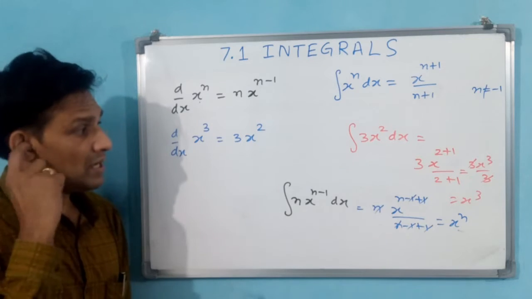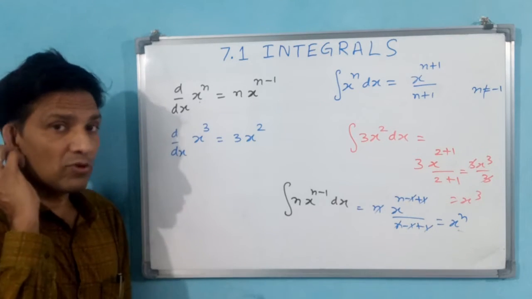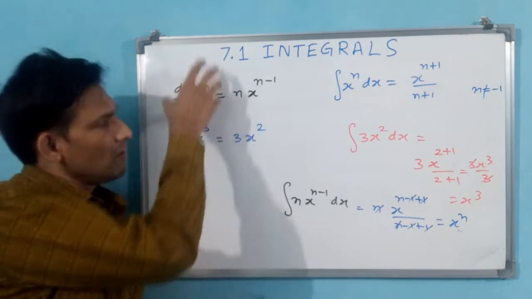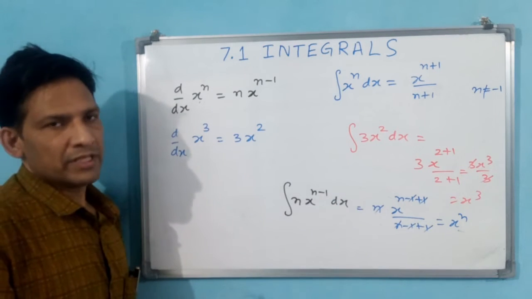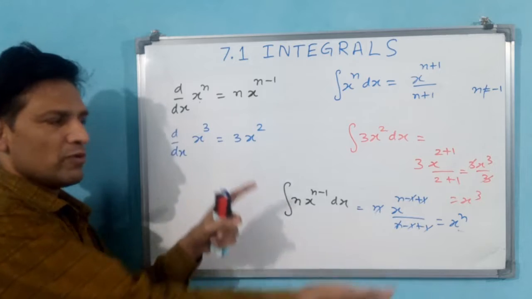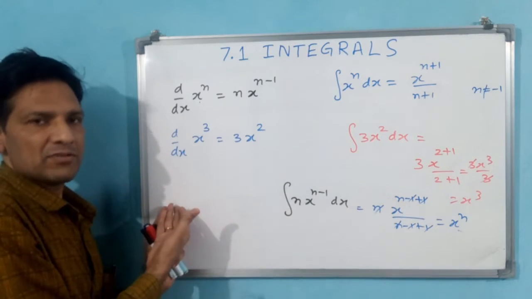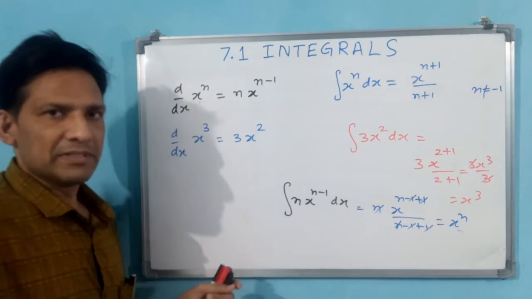But we are not going to derive those integrals. We will write a derivative, then we will see what will come, because if you take the antiderivative, that result has to come.